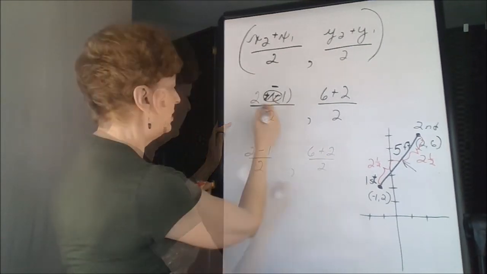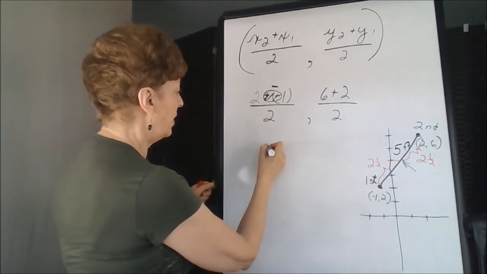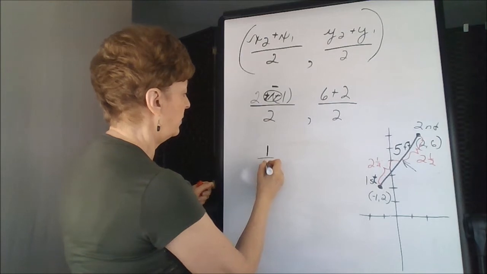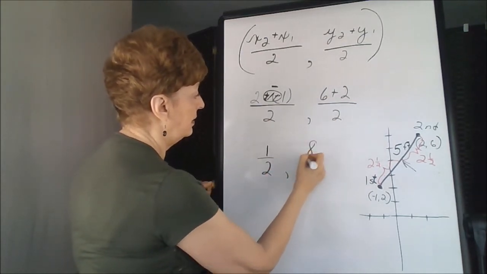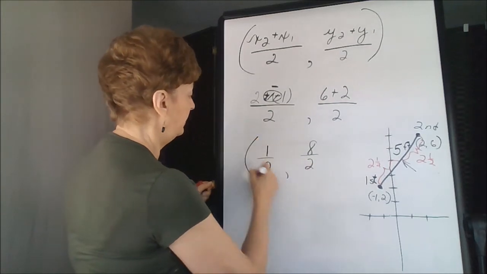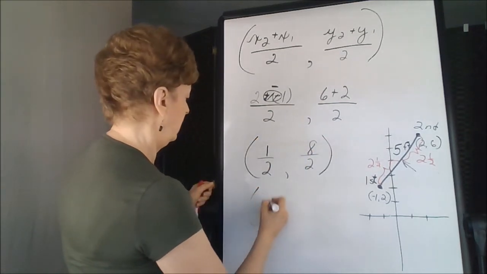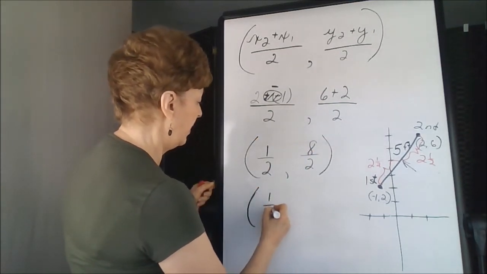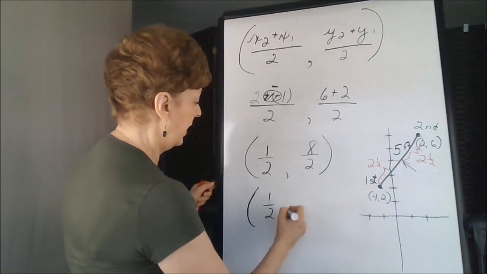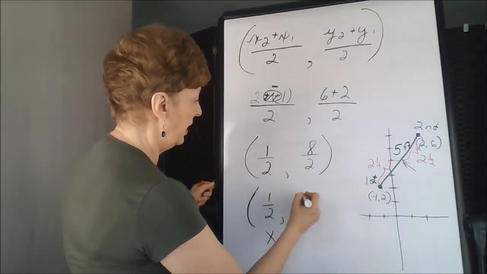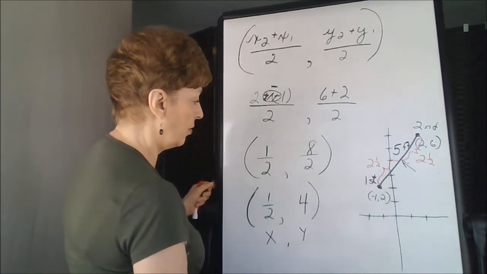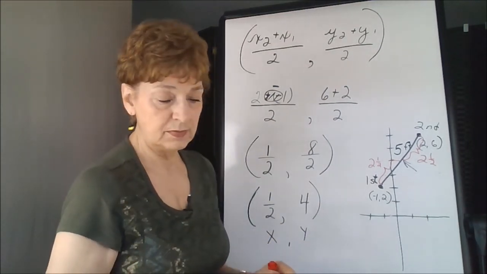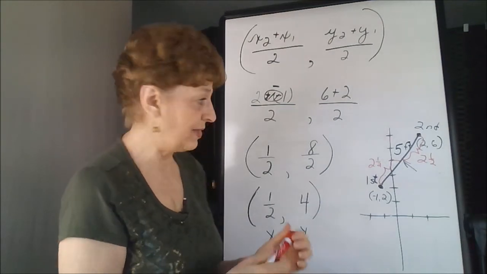Our calculation, 2 take away 1 is 1 and 2. So 1/2 and 8 halves. 1/2 is our x term, and 4 is our y value in that ordered pair. So let's see how close I came with this.